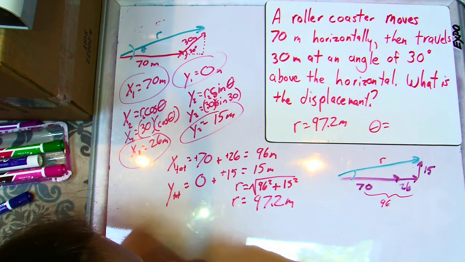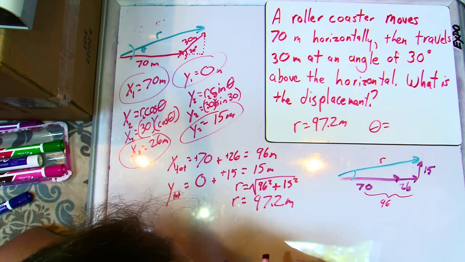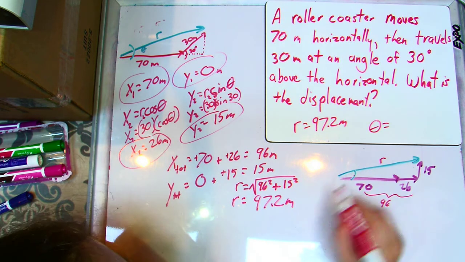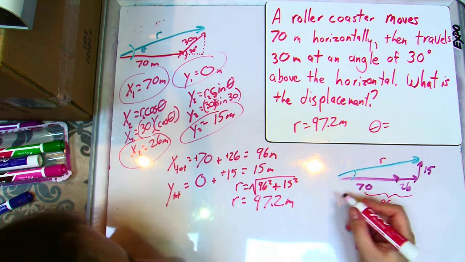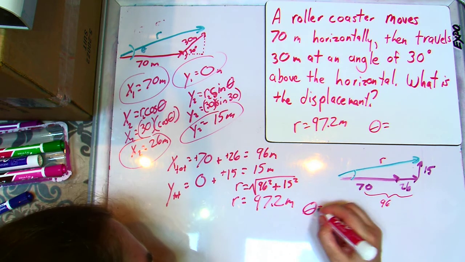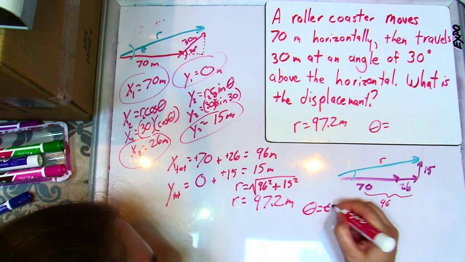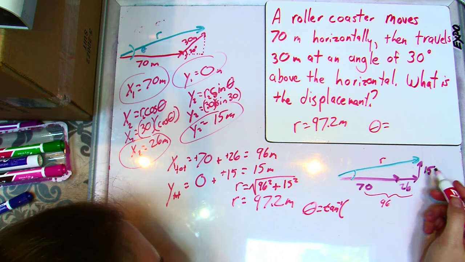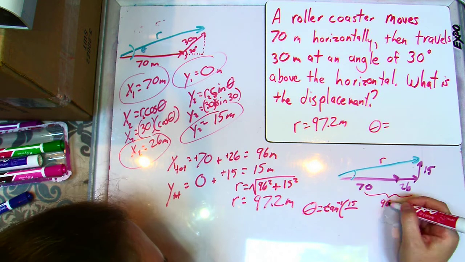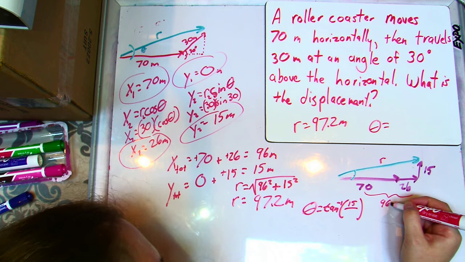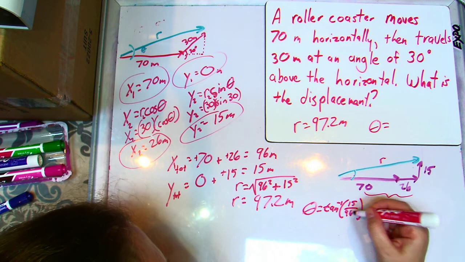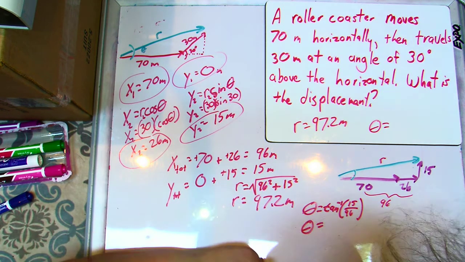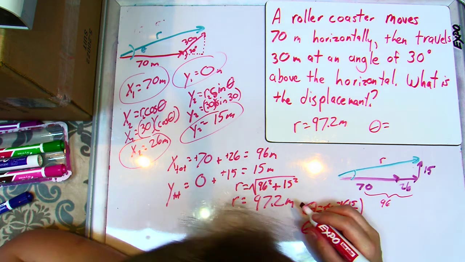All right, well, now we just have to do one more part, and that is find the direction, the angle that it is moving up. So right here, this theta. I'm going to do it just like we did before. Theta equals inverse tangent of the opposite, which is the y, 15, over adjacent, which is the x, 96. And theta will equal 8.9 degrees.